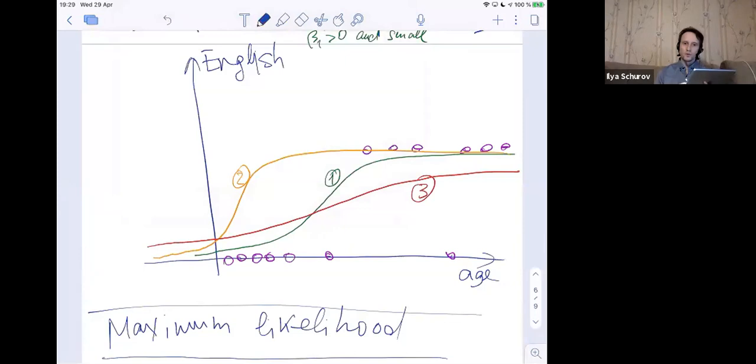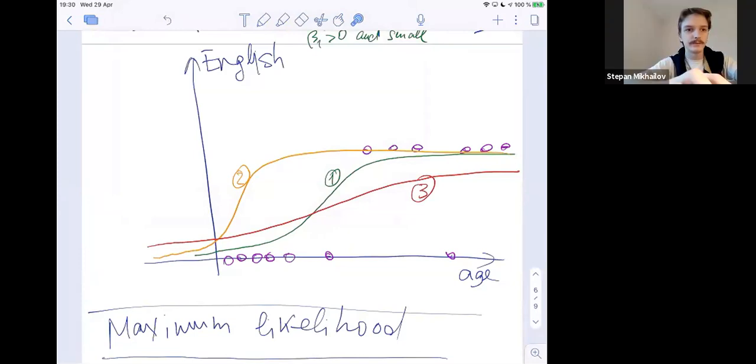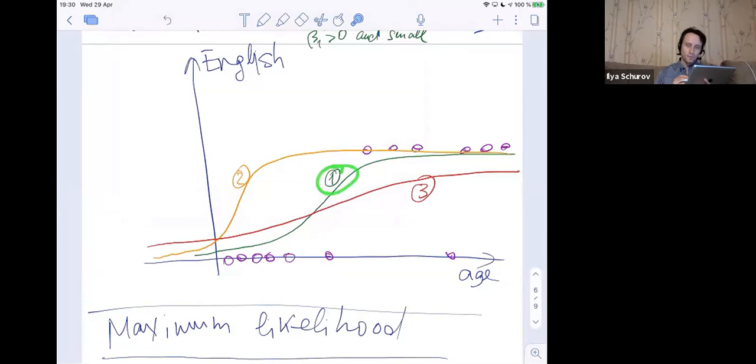Which curve would you prefer to use if you have the data that are shown on this picture? The first one. Are there any other options, other opinions?